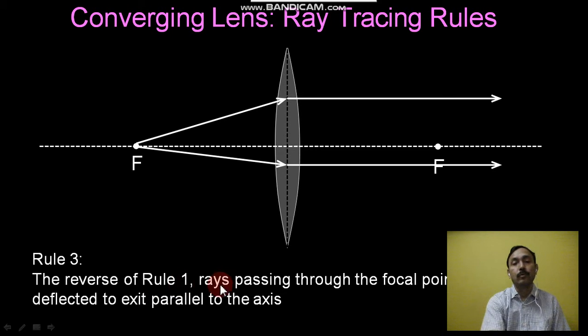So this is the rule. Rays passing through the focal point are deflected to exit as parallel rays, parallel to the principal axis.